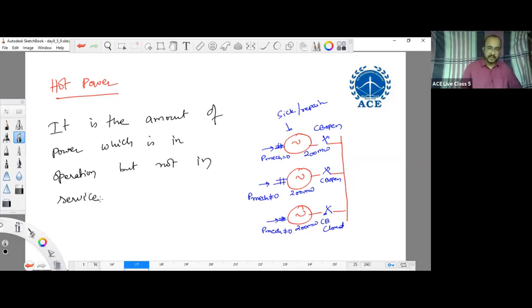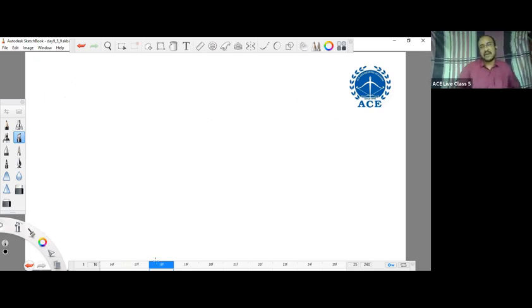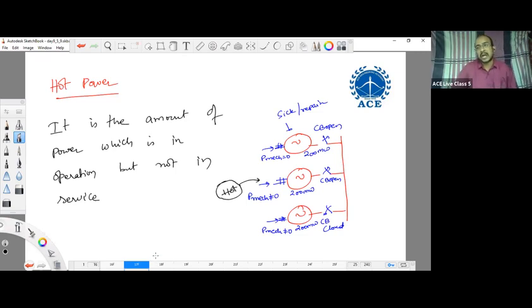That is known as hot power. So this unit is under hot condition. That means 200 megawatt is under hot condition. What is the need of keeping the unit under hot condition? Now our question is why we need to keep the unit under hot condition.